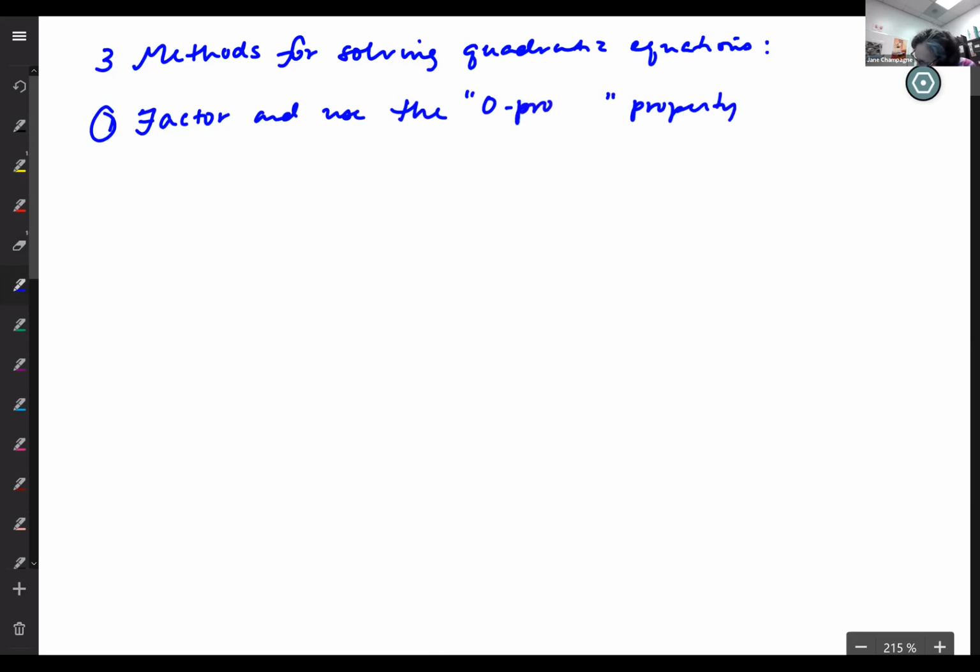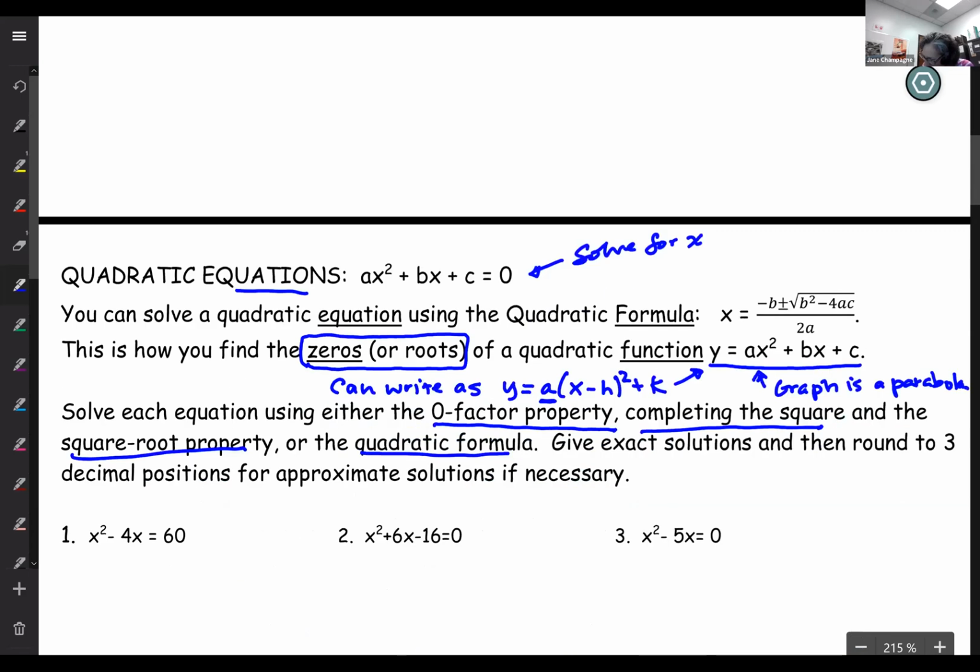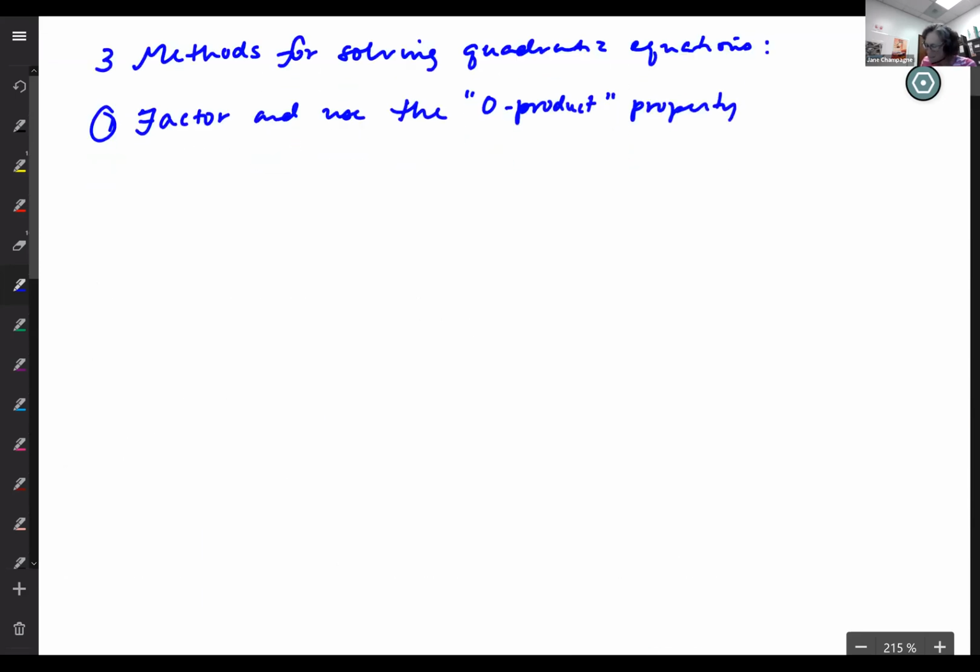I should change this here, it should actually be 0 product property. Anyway, that property says that if you have a product that equals 0, then one of the factors has to be 0, right? There's no other way that 2 numbers can multiply to give you 0 without one of them actually being 0.